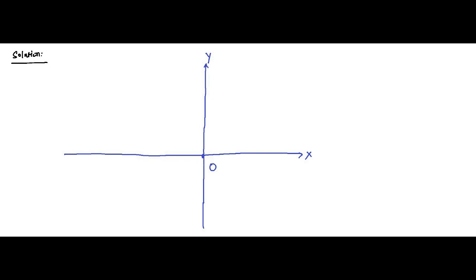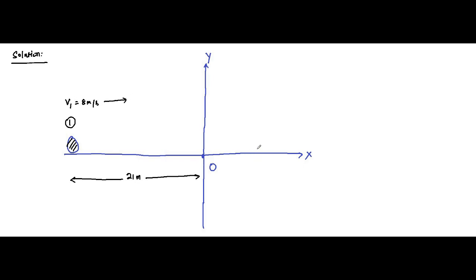Here it is said that the first particle is 21 meters to the left of the origin. This is the first particle, and it is traveling at a velocity of 8 meters per second in the positive direction, that is in this direction.